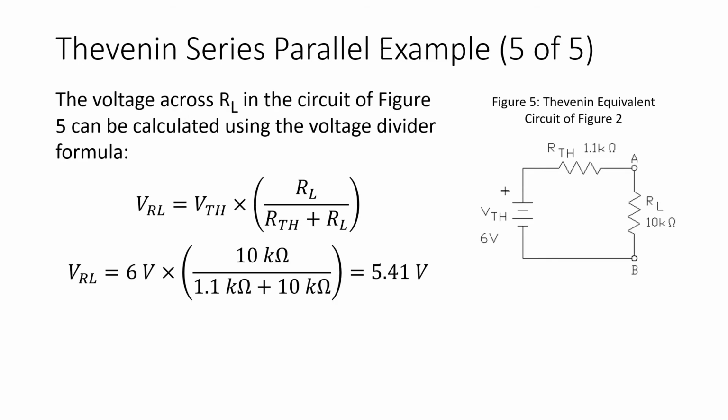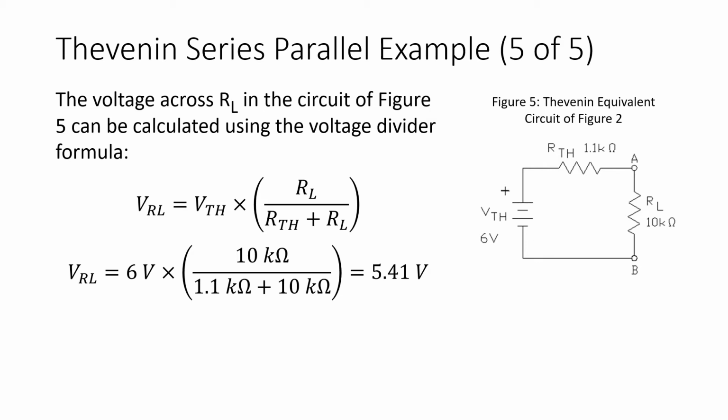And of course, with this Thevenin equivalent circuit, we can calculate the voltage across RL using the voltage divider formula, VTH times RL over RTH plus RL, 5.41 volts.